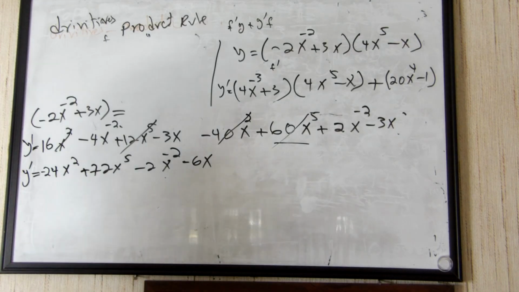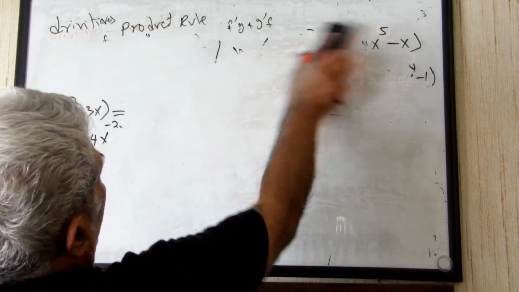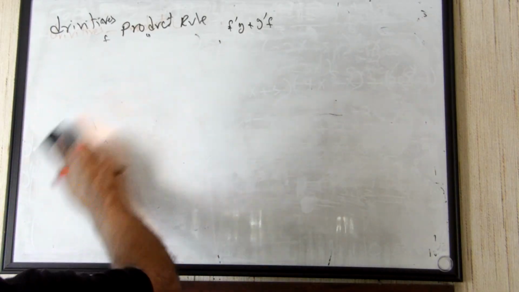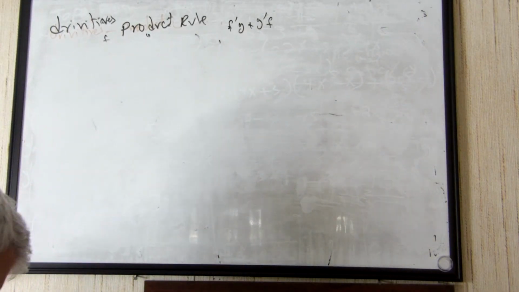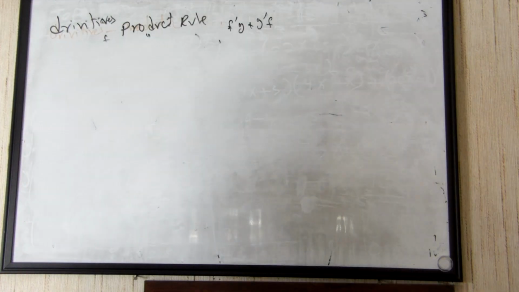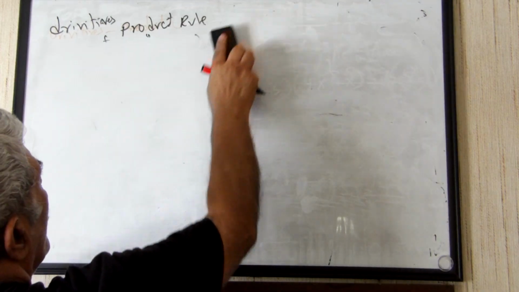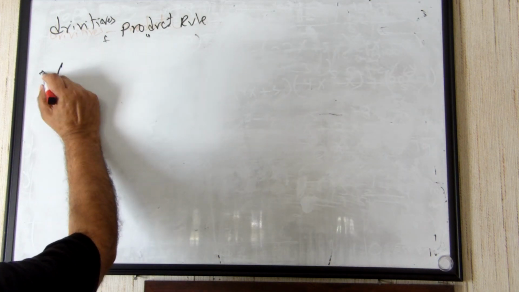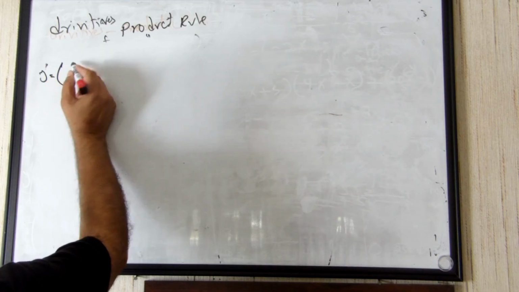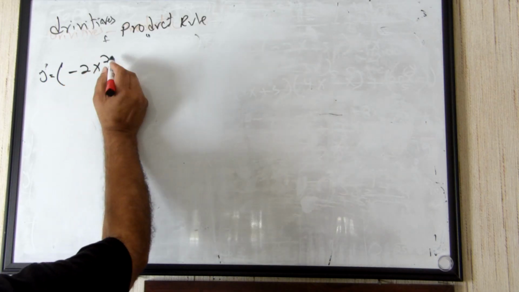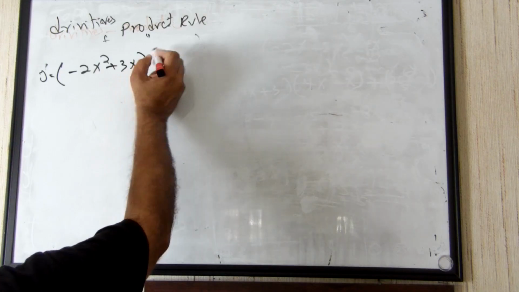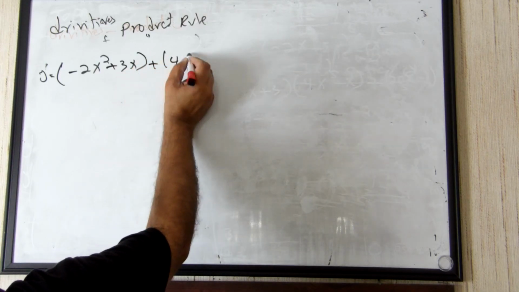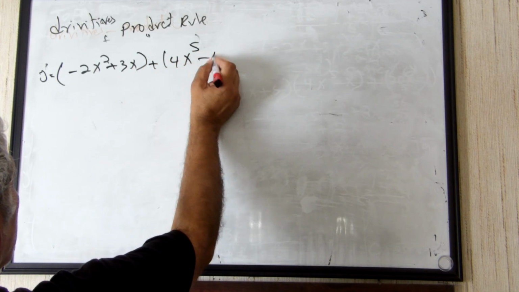Okay, but talk about the chain rule. For the product rule, do this one for yourself: y is equal to minus 2x^2 plus 3x times 4x^5 minus x.